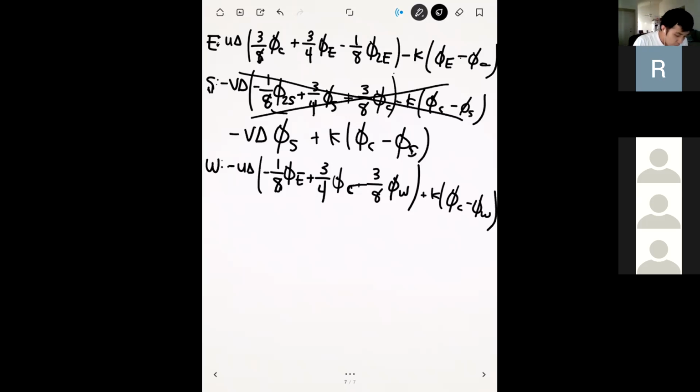And so let's check all the neighbors here. So we have phi sub e, so we have a neighbor on the east. Of course, we have ourself, and then we have phi sub w, so we have one neighbor to the west. So this one should be good to go. So we don't need to make any replacements here.